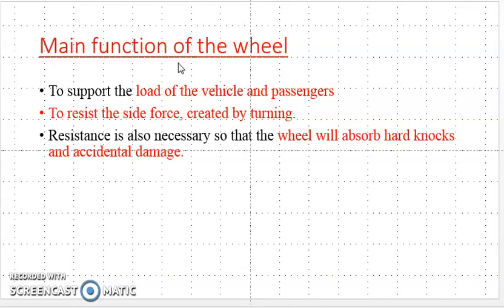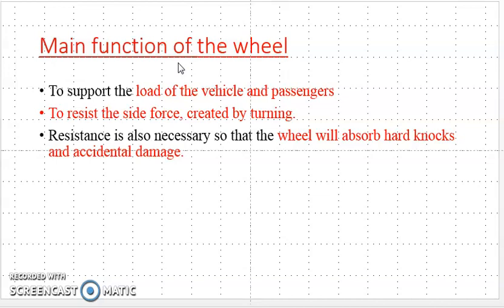The wheel should have the ability to absorb hard shocks when the road conditions are not good, or even when there is accidental damage. That ability to resist is given by the automobile wheel.